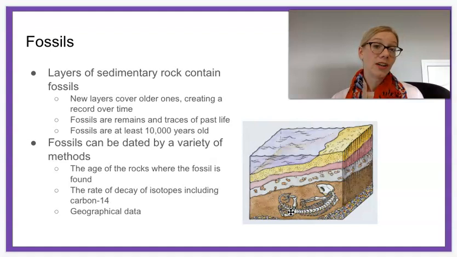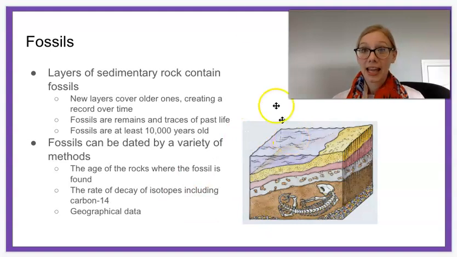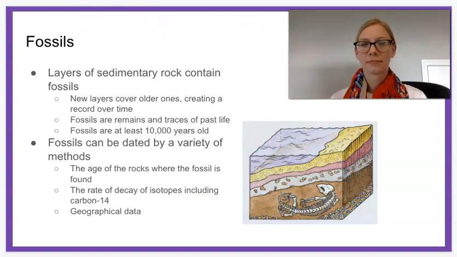And then we can date those fossils by a variety of different methods. We can look at the age of the rocks where the fossil is found, we can measure the decay of isotopes, including carbon-14, and we can look at geographical data. What do these mean? Well, for the age of the rocks, we can look at how the layers have formed, and that gives us an idea of time scale.